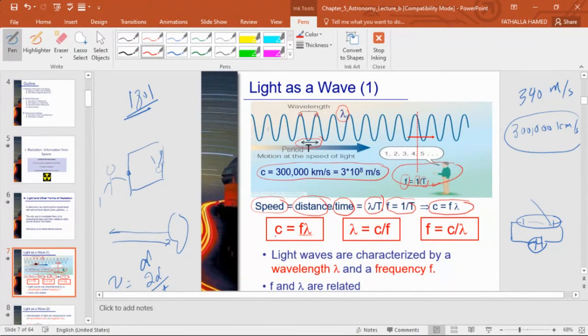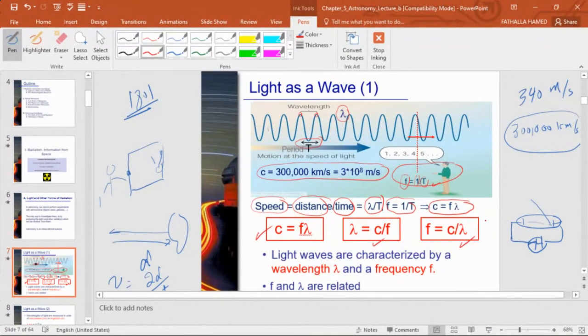So here, this is our relation. Speed of light is equal to frequency multiplied by wavelength. Wavelength is equal to speed of light divided by frequency, or frequency equals the speed of light divided by the wavelength lambda.